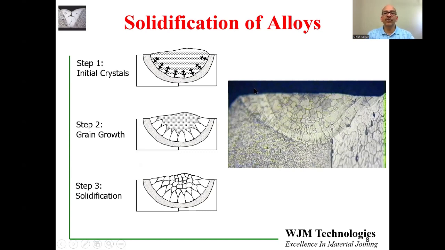So what happens is when you make a weld and when you fuse this volume and you turn the laser off, this molten metal starts to cool down. Because the outer edge of the weld is in contact with cold metal, that is where the grains will start forming initial crystals. And these crystals, as they lose heat to the base metal, keep growing towards the inside. And you can actually see they start looking like shark teeth going inwards.